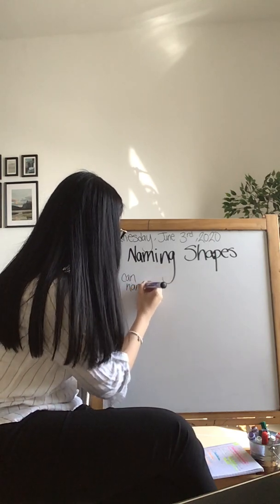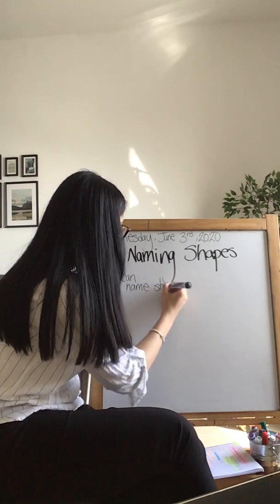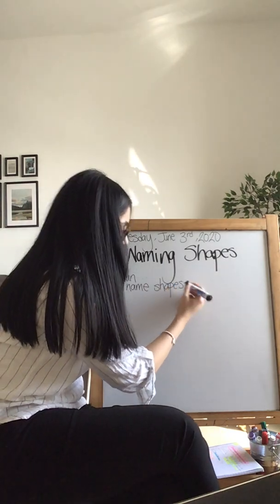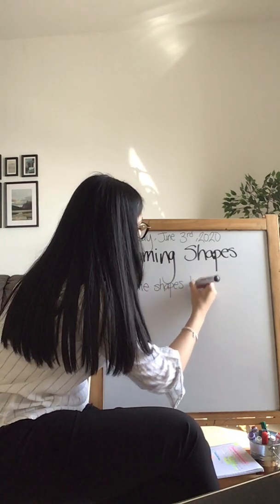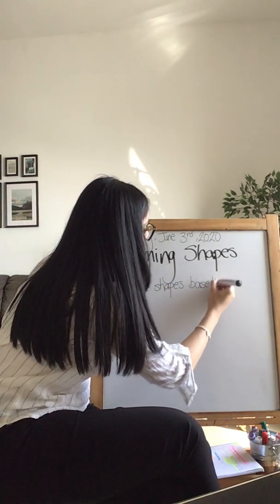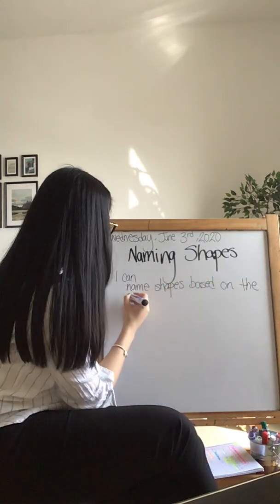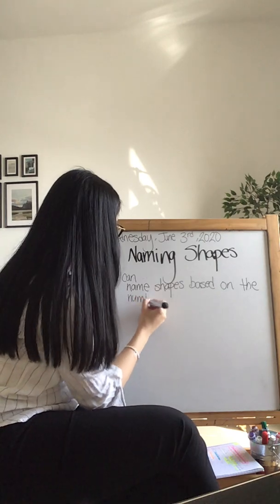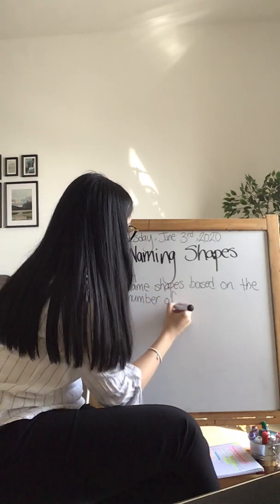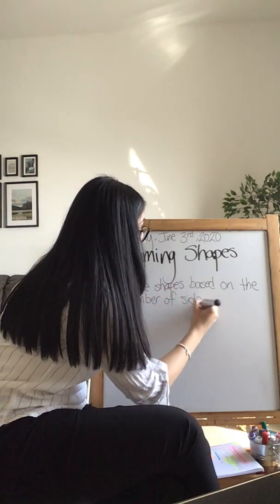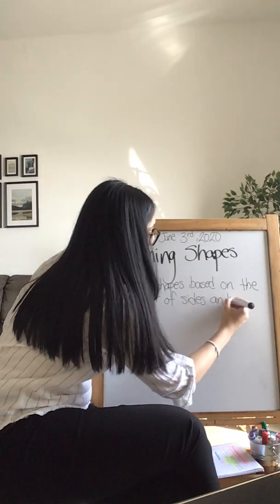Your I can statement is: I can name shapes based on the number of sides and their vertices.